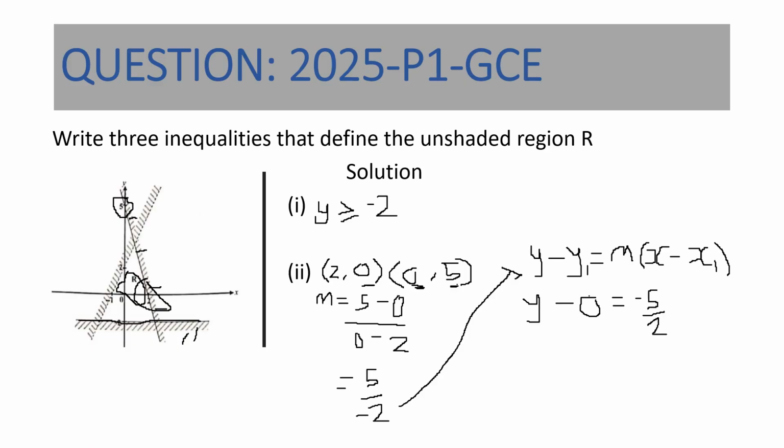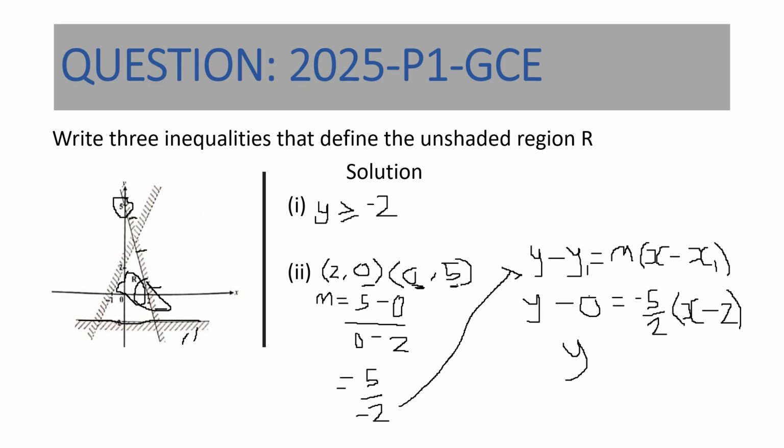Then open brackets, we shall say x minus x1, which is 2. Then here if you do y minus 0, it will give us y.